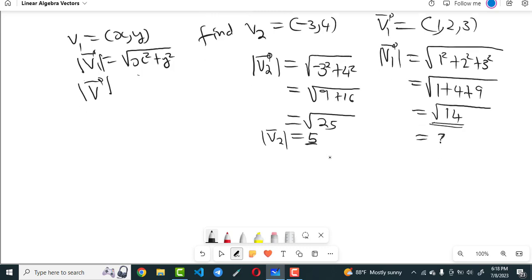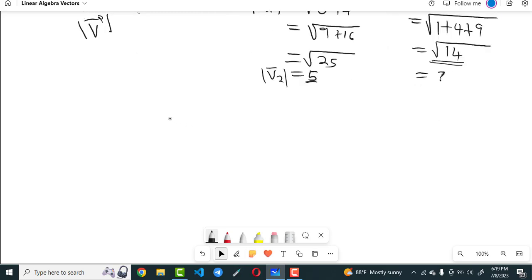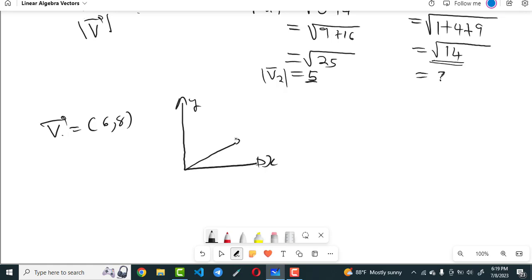Let us also take a look into angles between two vectors. For example, we have a position vector 6 and 8. If we put this vector on a vector space, x and y, this point is 6, this point is 8.